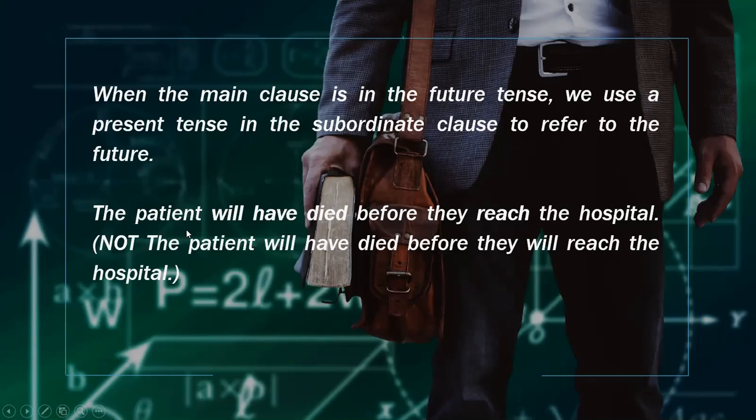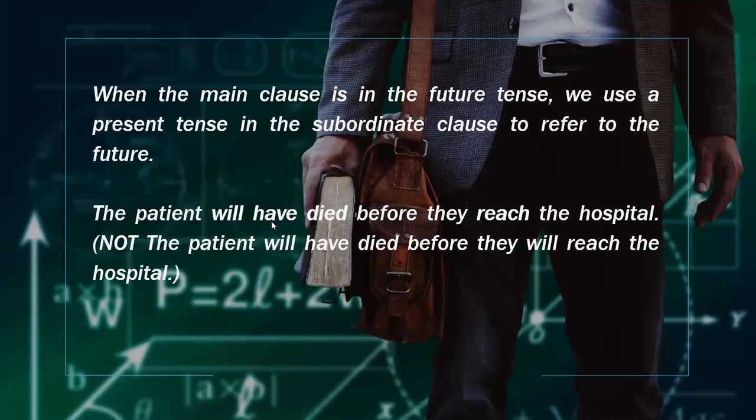Only here we use will: the patient will have died. Ya udah matilah pasiennya. The patient will have died because if you don't give any medicine to the patient, I think the patient will have died before they reach the hospital. So we need to go in a hurry then.